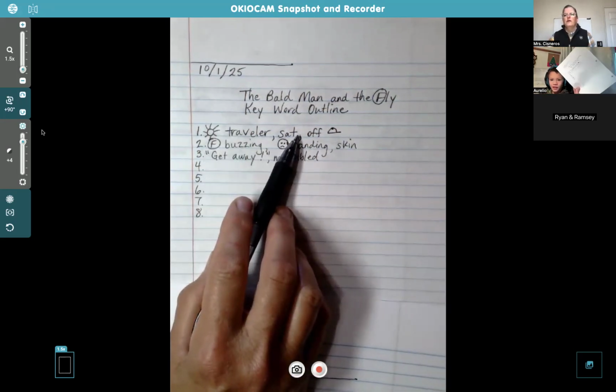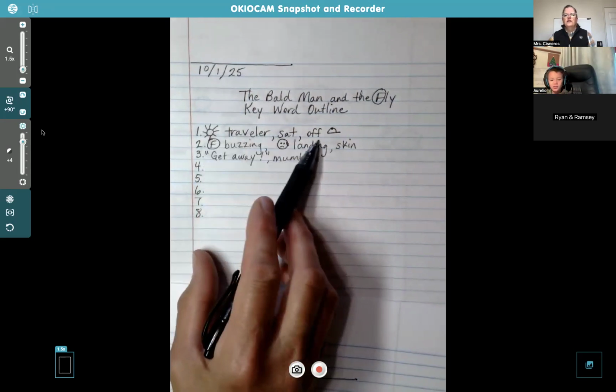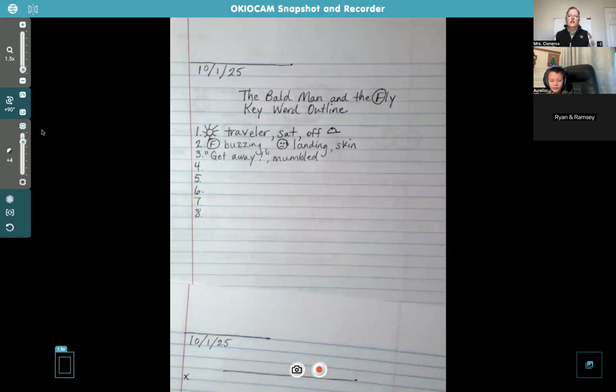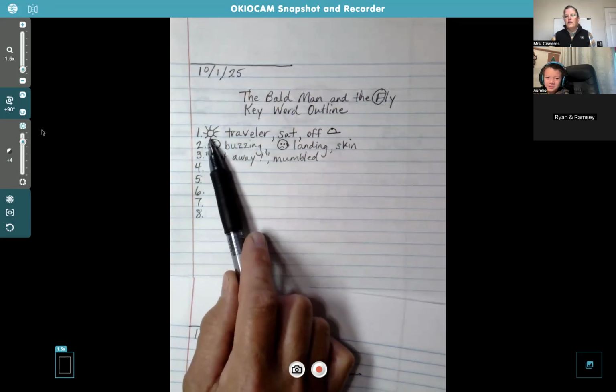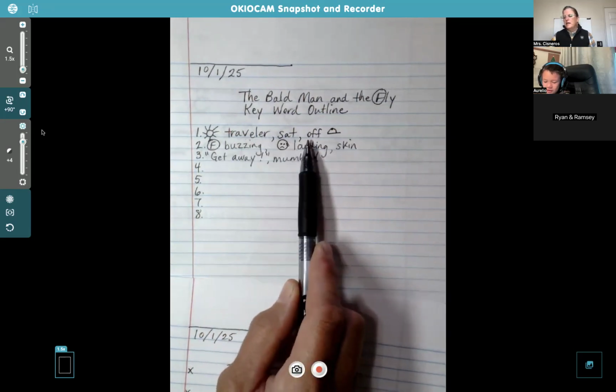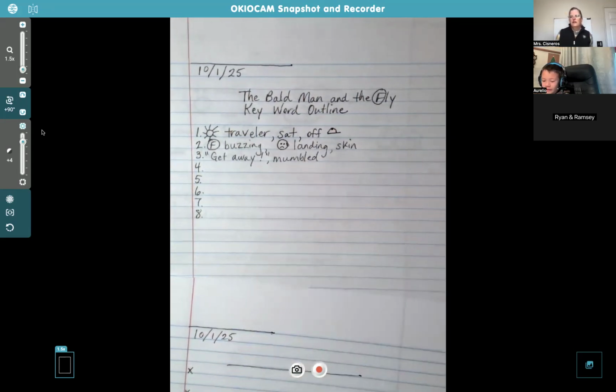If you just looked at those key words and symbols, what kind of sentence can we make with that? You have sun, remember that's like a hot day, right? Traveler sat off hat. Can you make that into a sentence? On a hot day, a traveler sat off on a rock and took off his hat.